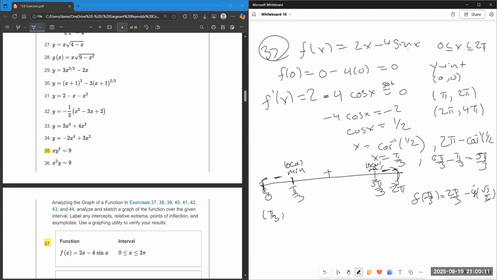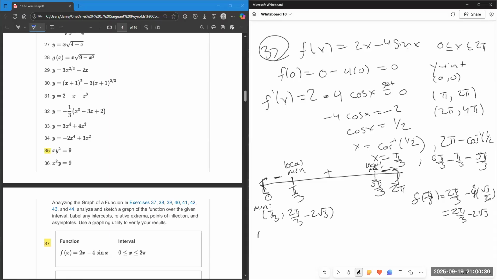So 2 goes into there 2 times. This is 2 pi over 3 minus 2 root 3. And this is my min.